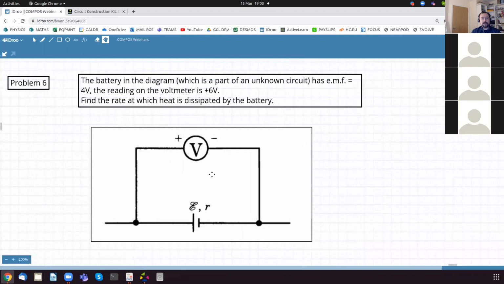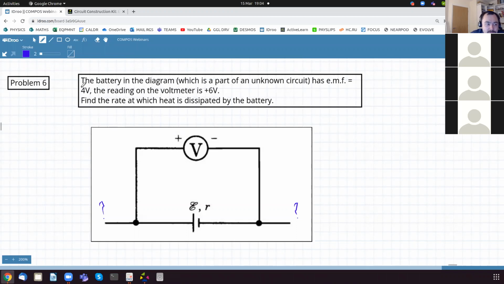The battery in the diagram is part of an unknown circuit. So we don't know what's going on with the circuit. It is part of the circuit, we don't know how it's connected. But the reading on the voltmeter is 6 volts.